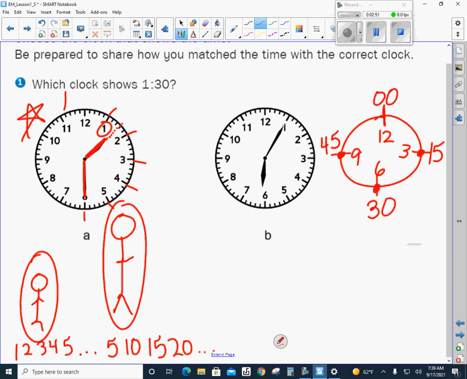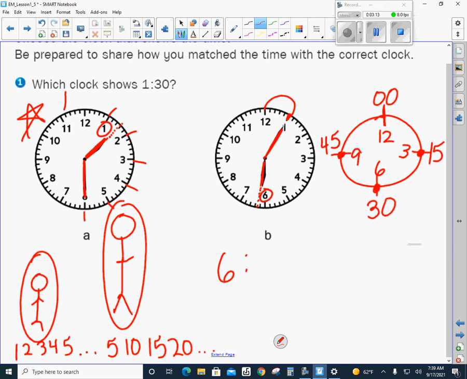All right, let's look at the second clock. Look at the little hand first. On this clock, the little hand is pointing down toward the 6. It's not completely on the 6, but it's between the 6 and the 7, so we're going to choose the littler number. This time is 6, and now let's look at the big hand or the minute hand, and we can count by fives. So that would just be 5 minutes.